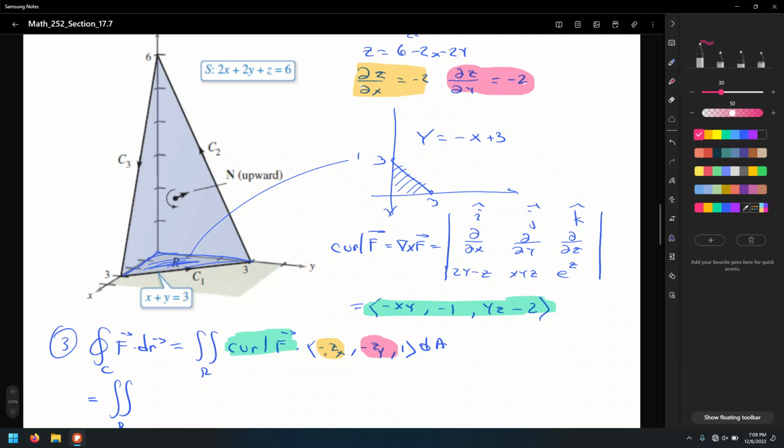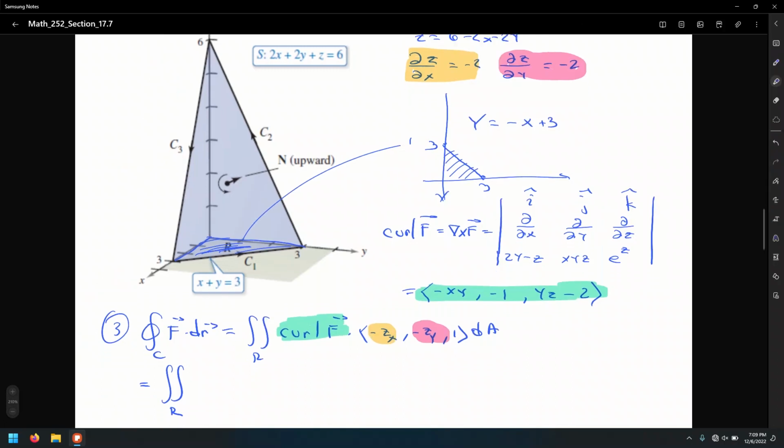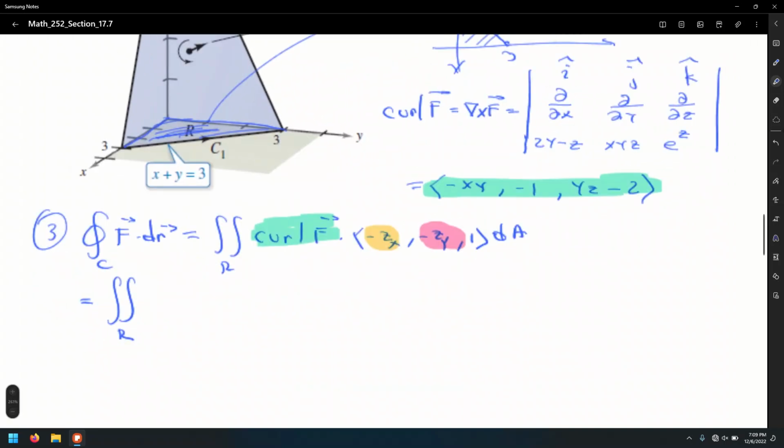However, in the formula, those negatives cancel to turn them into positives. So that's the curl, negative xy, comma, negative 1, comma, yz minus 2, and that times negative the partial derivative with respect to x, which is 2, negative the partial derivative with respect to y, which is also 2, and the 1 that also comes from the formula, dA.